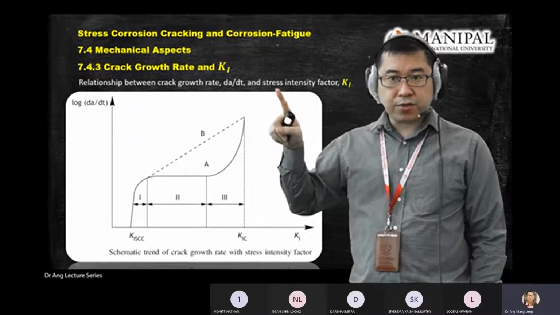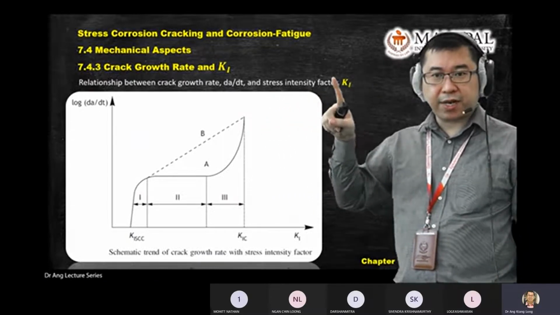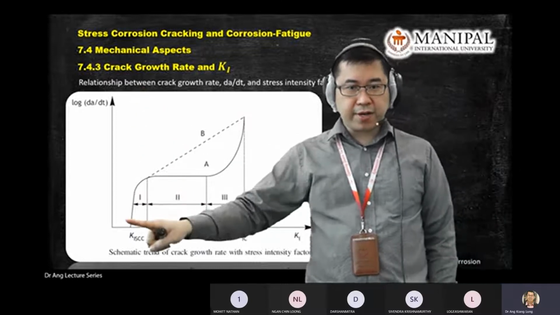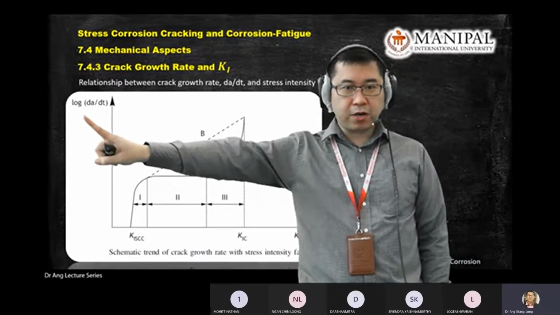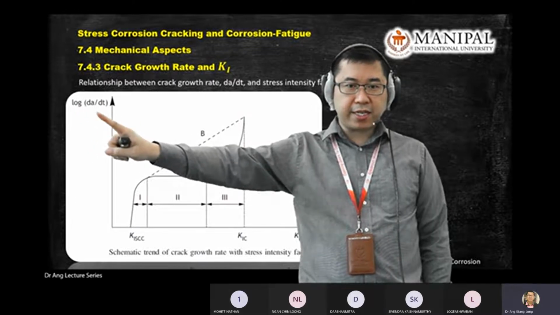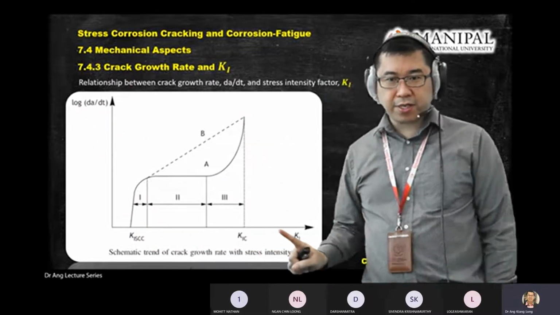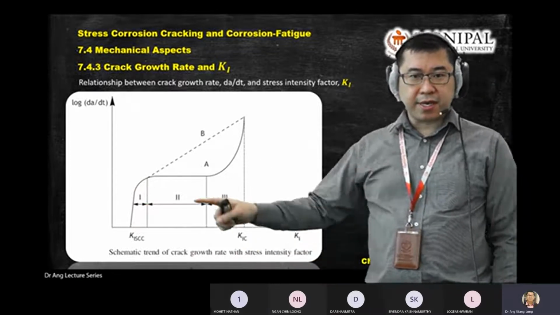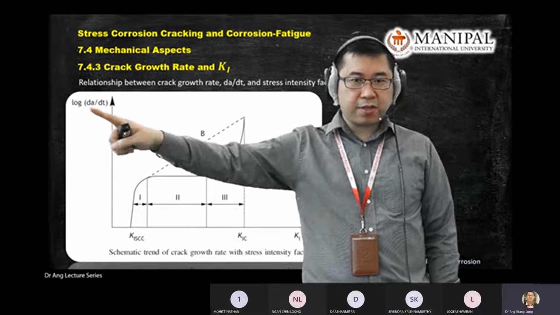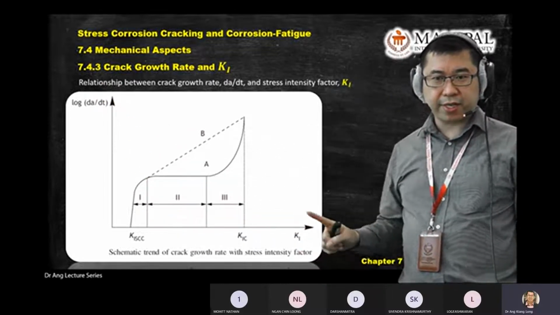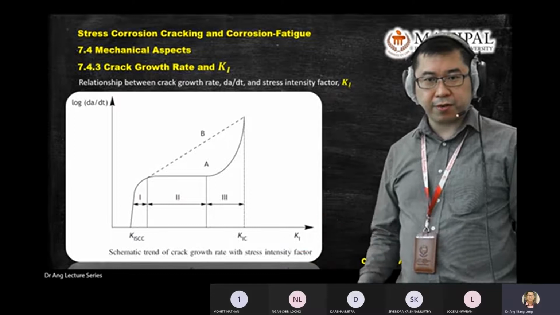Another one is the stress intensity factor that you calculate, KI. On this graph, we use a log scale: log dA/dt versus the KI value that you calculate. You already studied the KI formula just now.